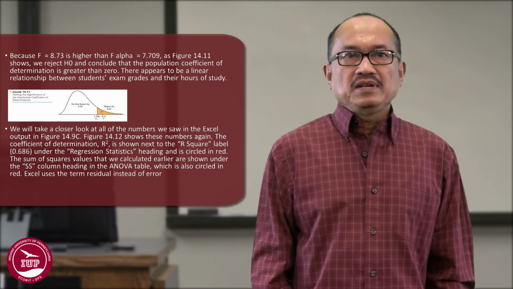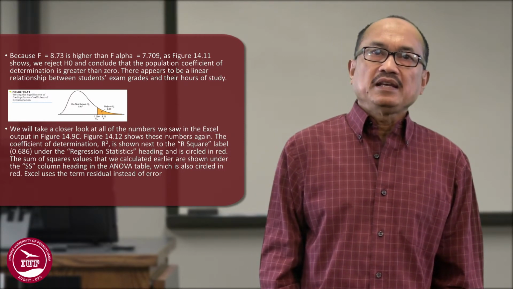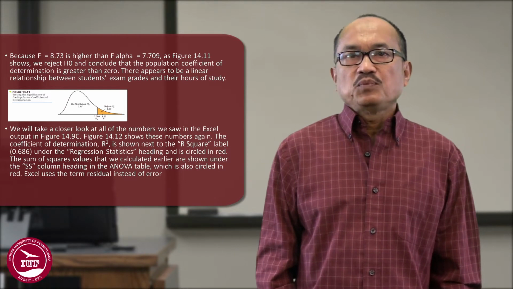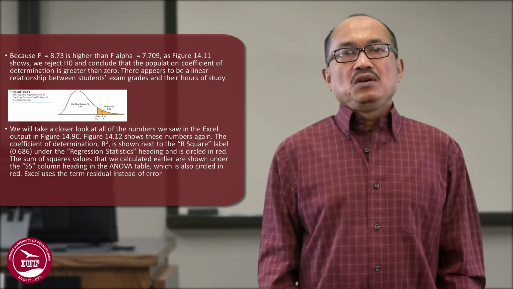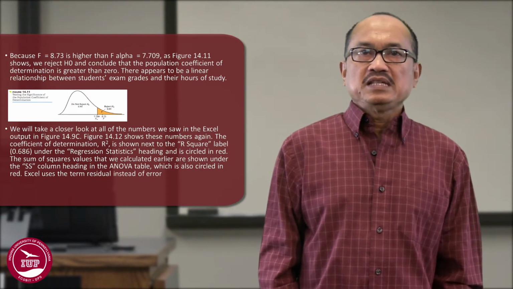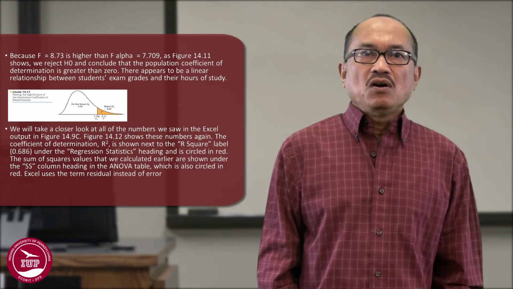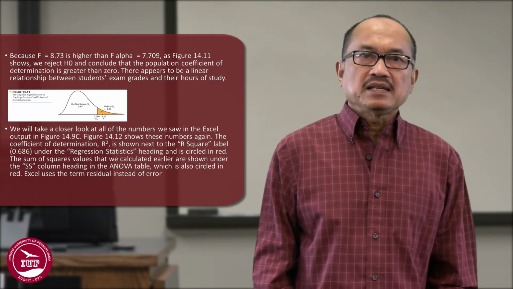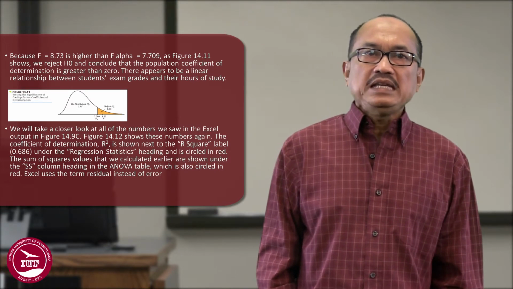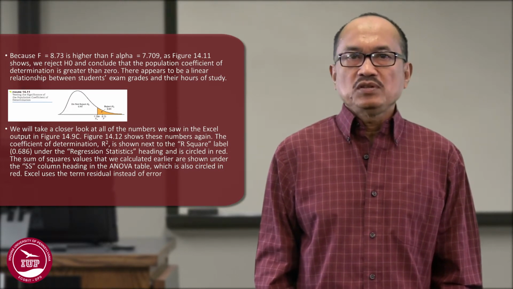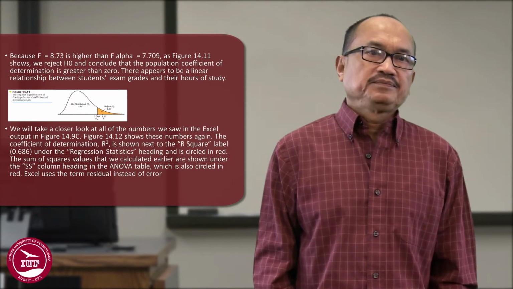Because F equal to 8.73 is higher than F-alpha 7.709, as figure 14.11 shows, we reject the null hypothesis and conclude that the population coefficient of determination is greater than 0. There appears to be a linear relationship between students' exam grade and their hours of study.